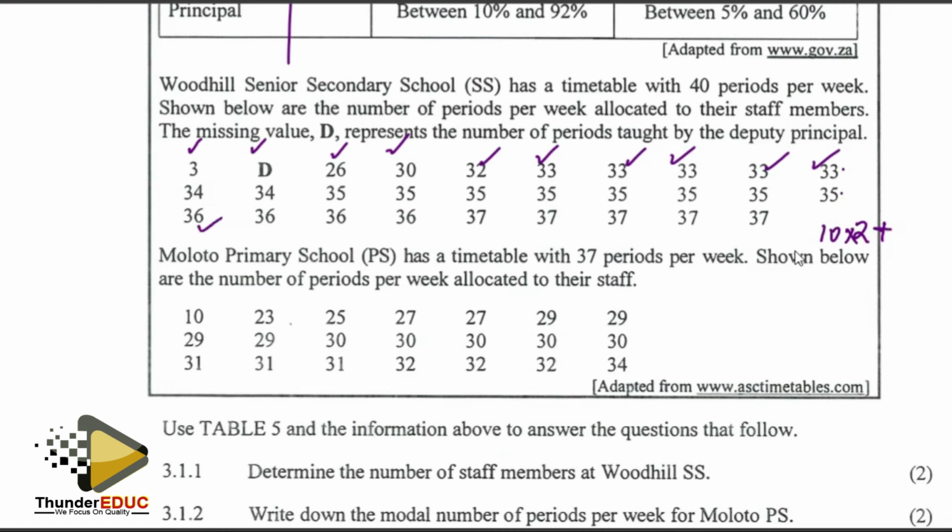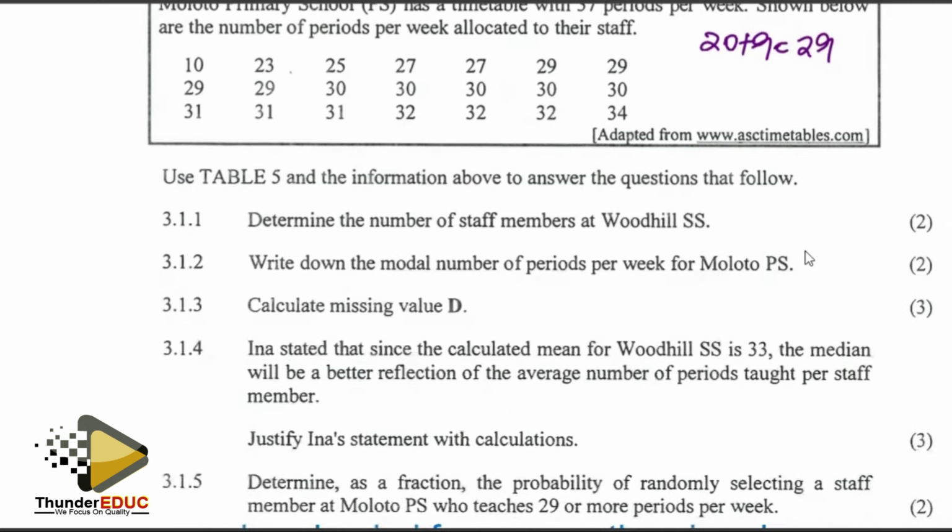When you count these ones down here, 1, 2, 3, 4, 5, 6, 7, 8, 9, plus 9. So all in all, it's 20 plus 9, and the answer is 29. Don't add their periods. Each number represents a teacher.